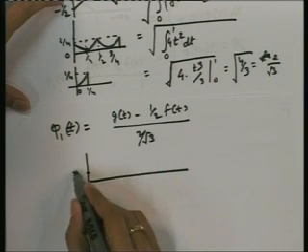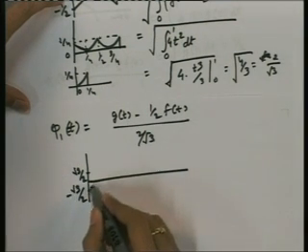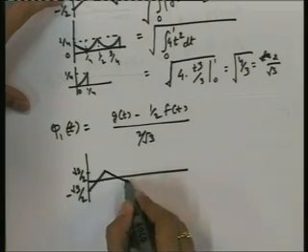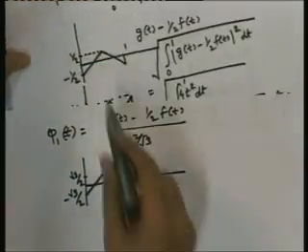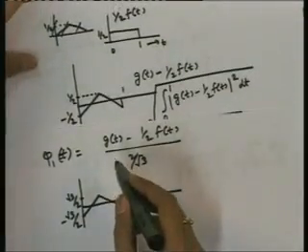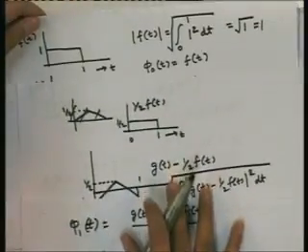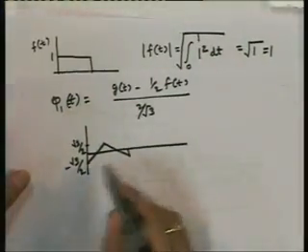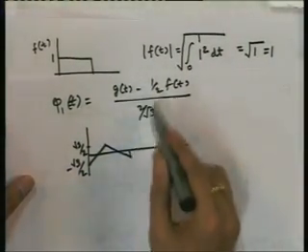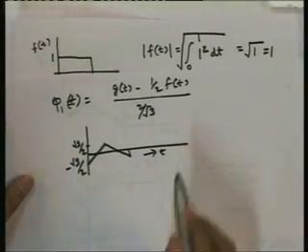So it will be root 3 by 2 here minus root 3 by 2 here, and it will be like this. Okay. Now obviously we can see that this itself, and as a result this also, is orthogonal to the first one, phi not t, that is this. And because we have divided by the length here, the length of this signal will be 1.